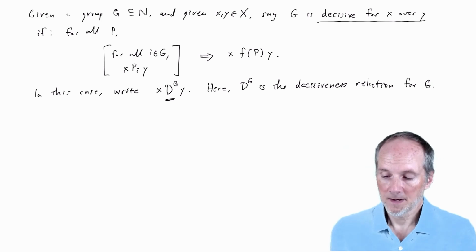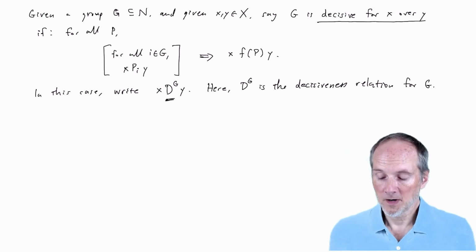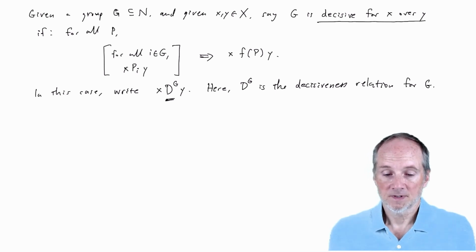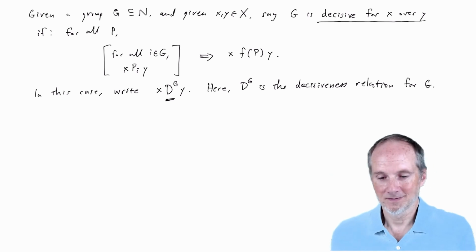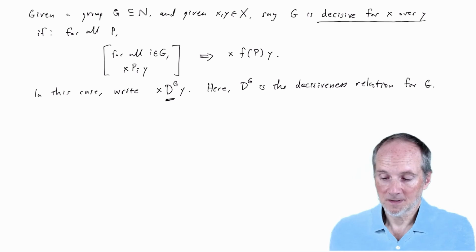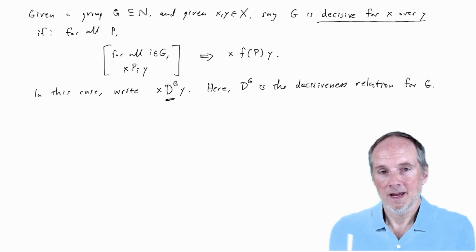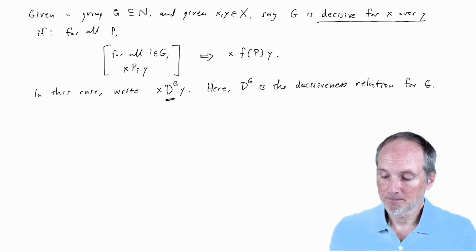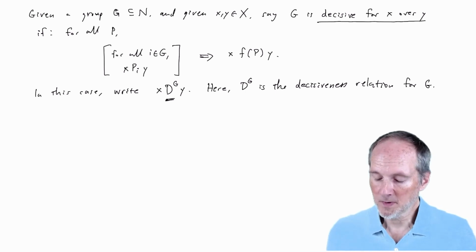Technically it would be ordered pairs of alternatives, but fine. So if you have one group, it might be decisive for some alternatives over some others, but not for some different ones over some others. This decisiveness relation just tells us which XY pairs are such that the group is decisive for X over Y.